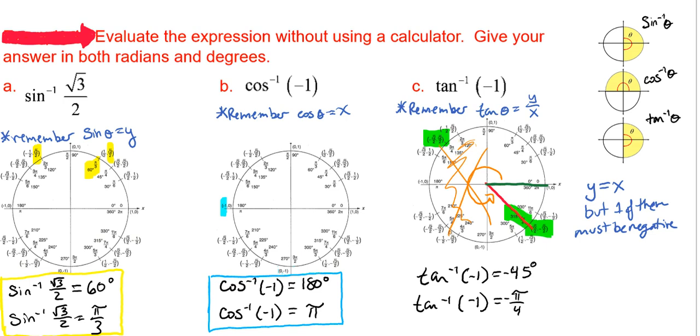Not allowed. So the only way to get there would be to be taking our coterminal, right? How else can I get there? By only using the first and the fourth quadrant. And we can get there by doing a -45 degrees. And so that is why we have a -45 degrees and a -pi over 4 as our solution.